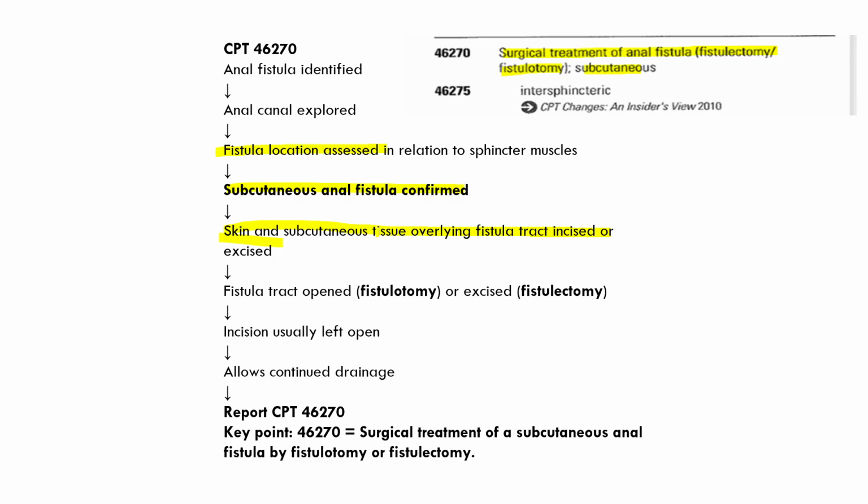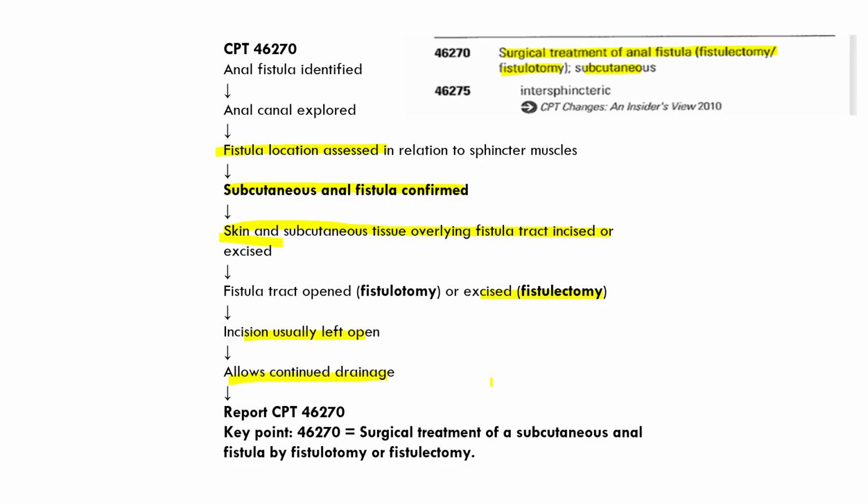Even if he does an incision or excision, you can code CPT 46270. Even if he simply makes an incision, you can code CPT 46270, or if he is doing fistulectomy, you can code 46270. Here the incision is left open and allowed to drain.